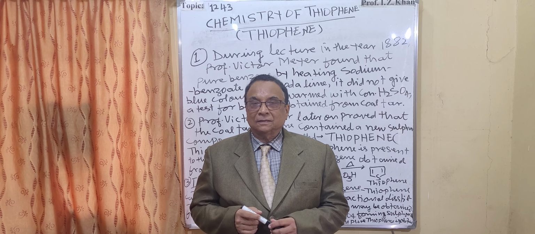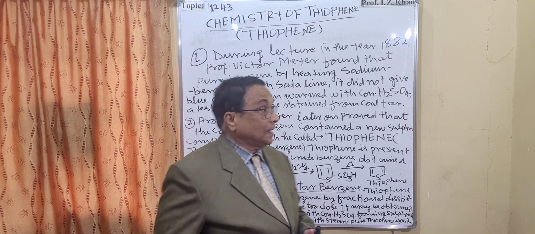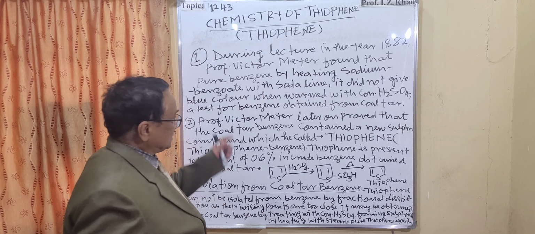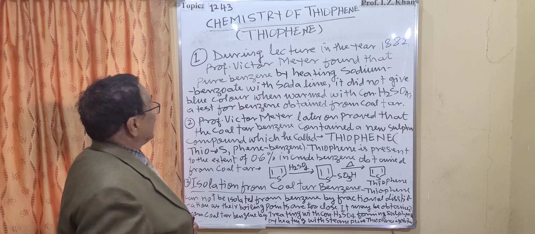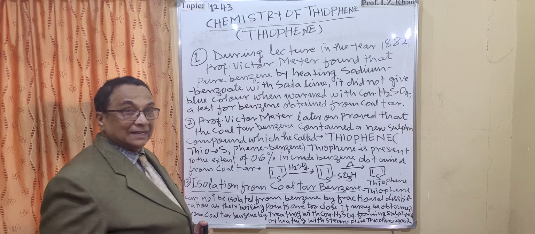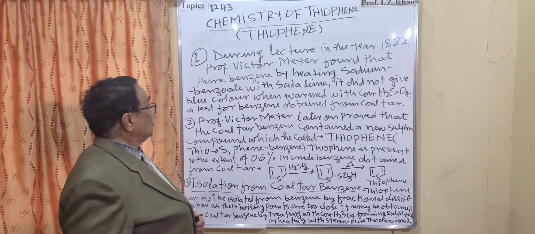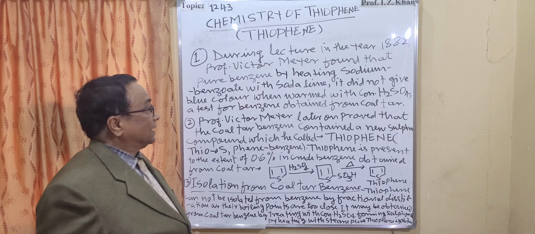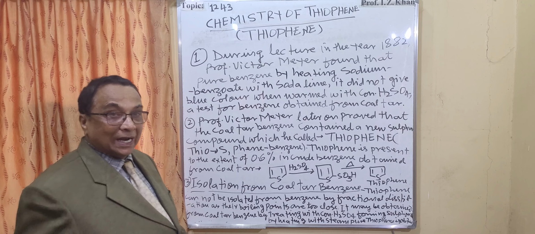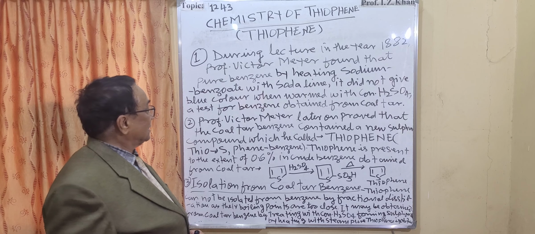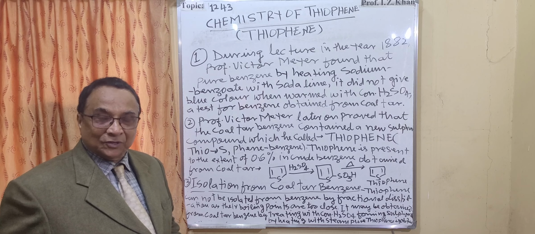Here I have just given in the follow-up summary what I have already told you. Number one, for students to pause and copy down as notes. In the year 1882, during a lecture, Professor Victor Mayer found that pure benzene, obtained by heating sodium benzoate with soda lime, did not give blue color when warmed with concentrated sulfuric acid.